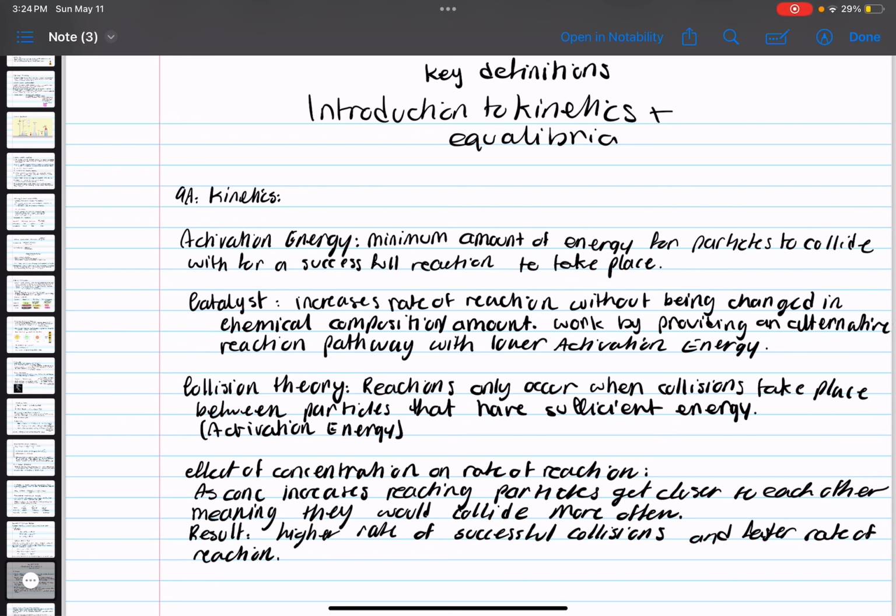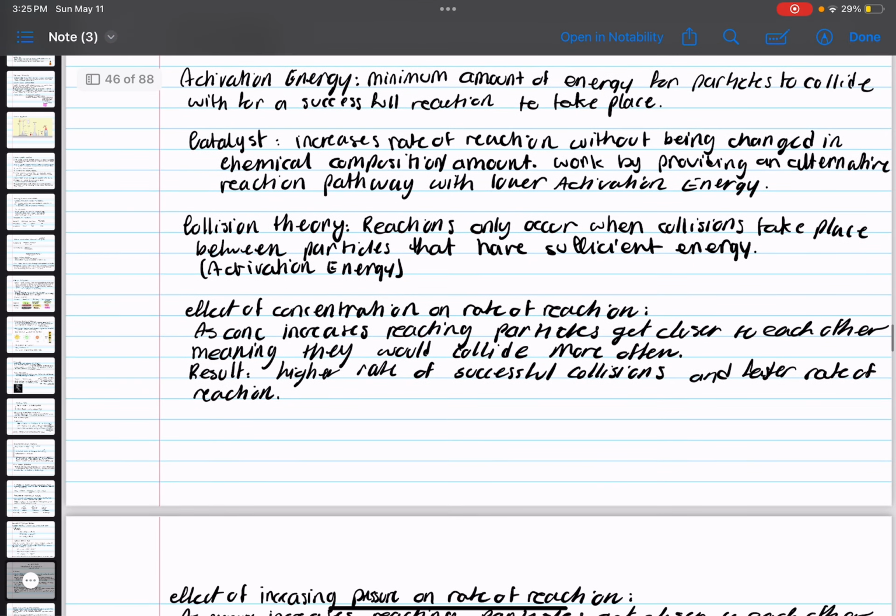Then kinetics and equilibria. You have activation energy, which is the minimum amount of energy for particles to collide for a successful reaction to take place. A catalyst increases the rate of reaction without being changed, and it works by providing an alternative route or reaction pathway with lower activation energy.